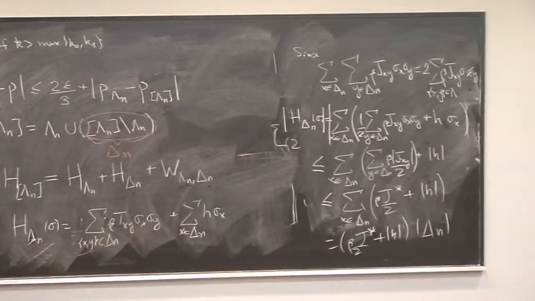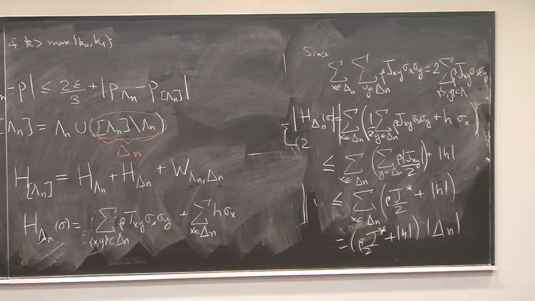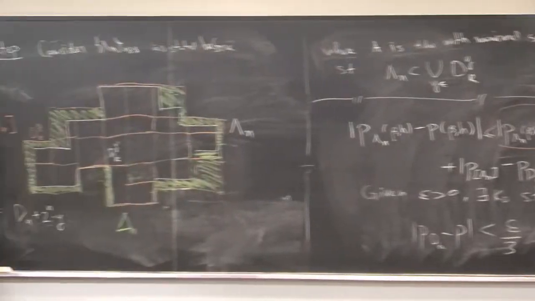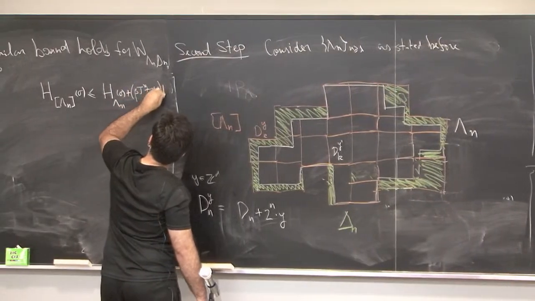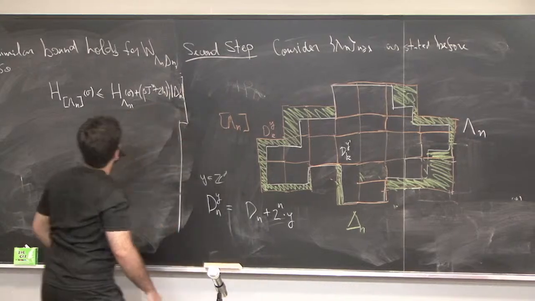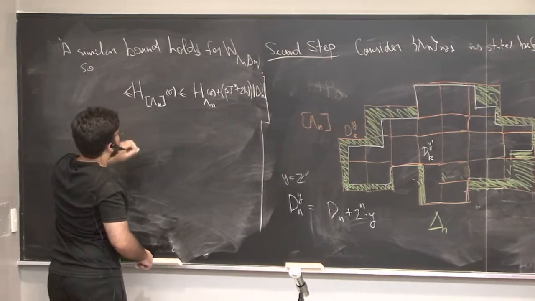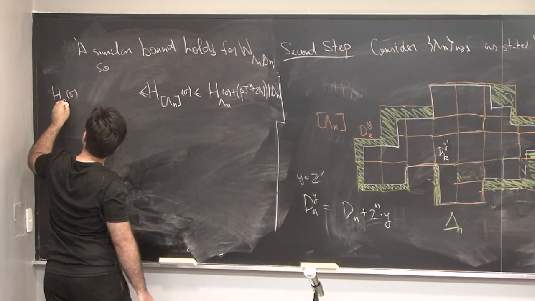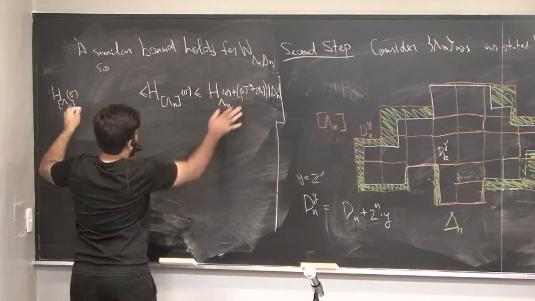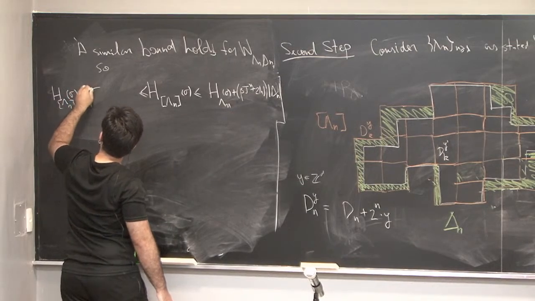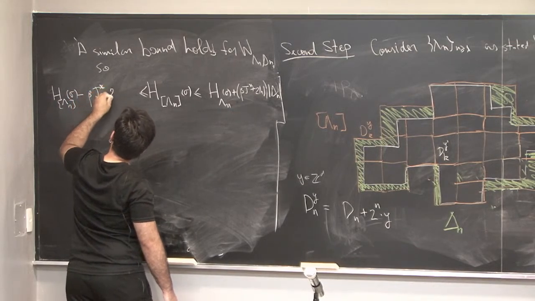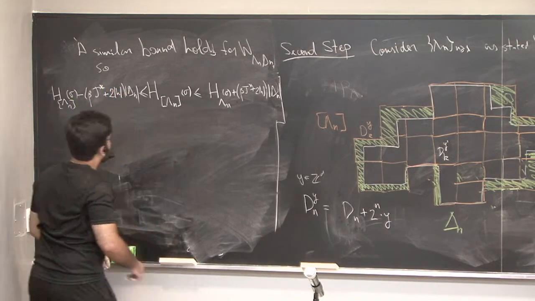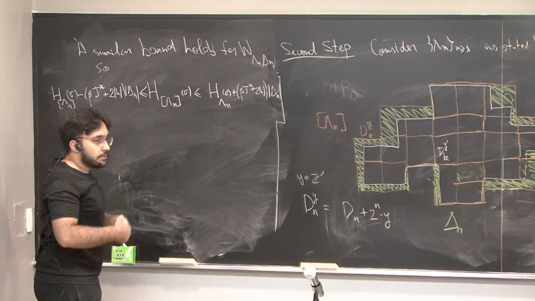So 2 times, so beta j star plus 2h, the size of delta n. And a similar lower bound, just changing the sign of the constant. So you put a minus sign over here, 2h delta n. Okay? Again, we do a similar trick.